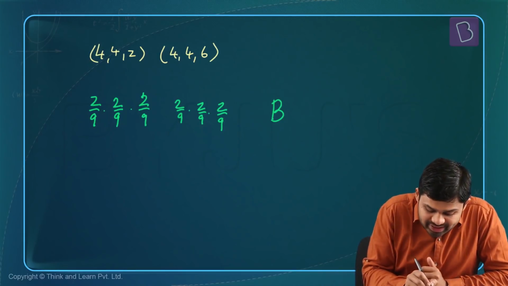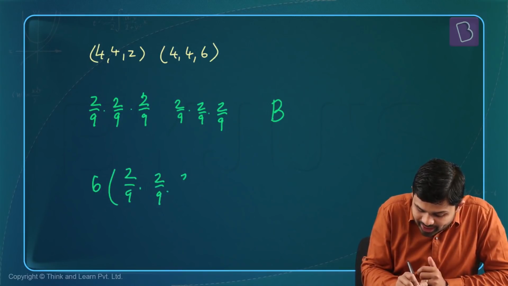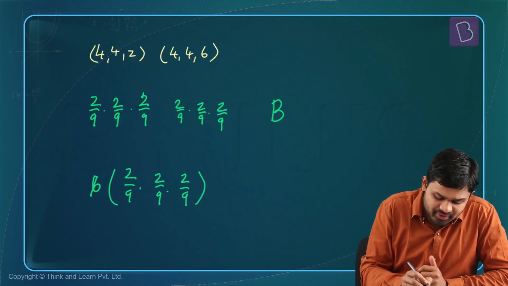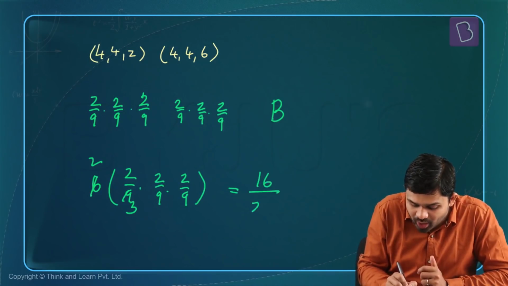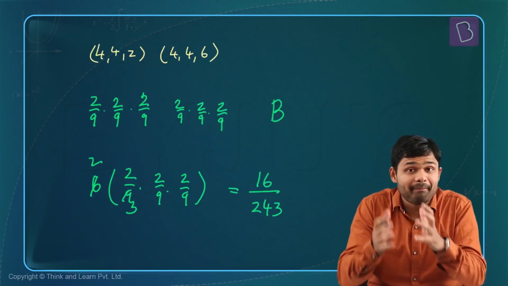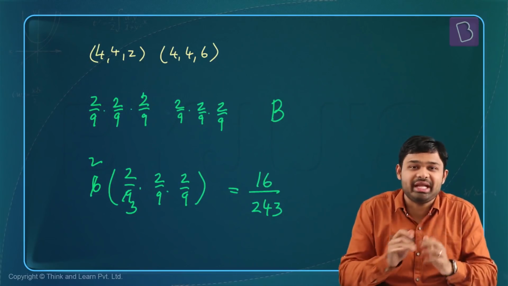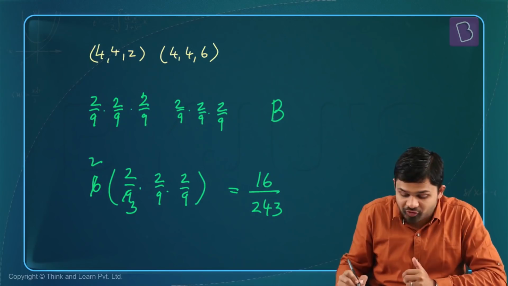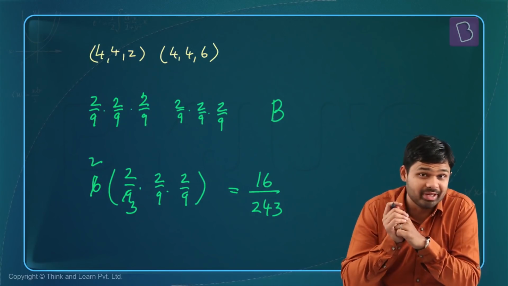So in all, I'll have 6 times 2 by 9 into 2 by 9 into 2 by 9. Let's do a little bit of simplification here. There's going to be a 2 and a 3 cancelling, which will be nothing but 16 over 243. So with the biased die, if n1, n2, n3 takes different permutations of 442 or 446, it can happen with 16 over 243 being its probability.